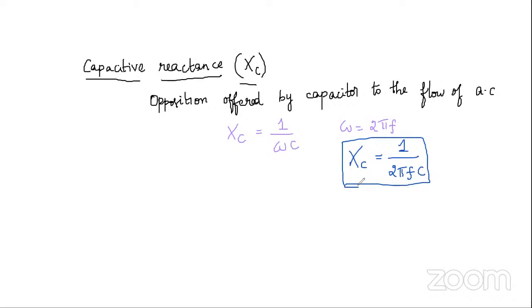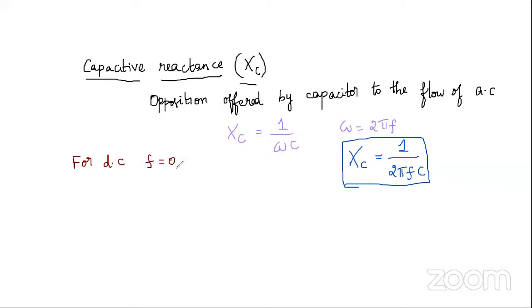Now we shall discuss a different scenario, that is for DC. DC means direct current, so your frequency will be 0, obviously. If you put 0 in the denominator, what will happen? Anything divided by 0 will be infinity.